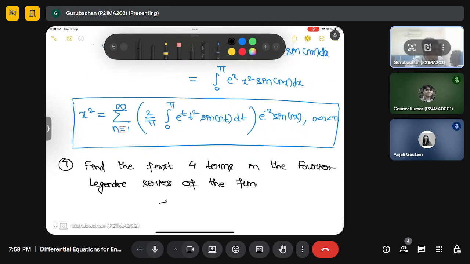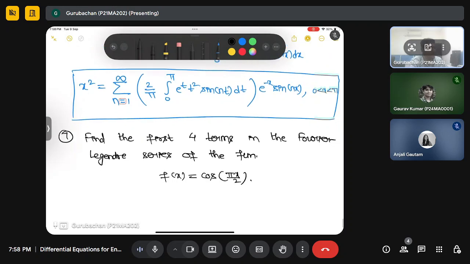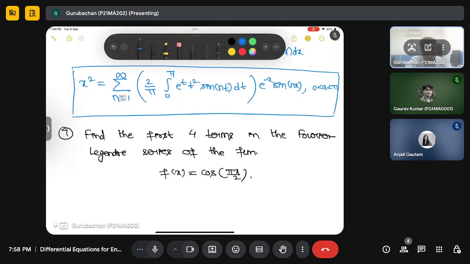What is the function? The function is cos pi x by 2. We have to find out its Fourier Legendre series.